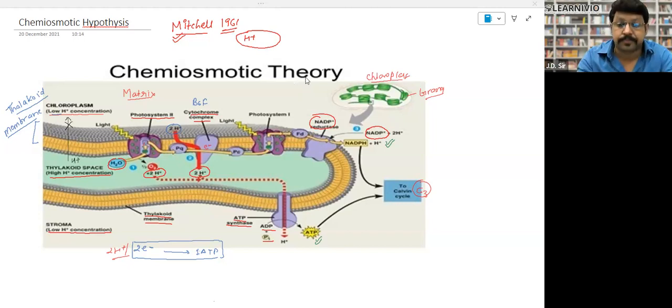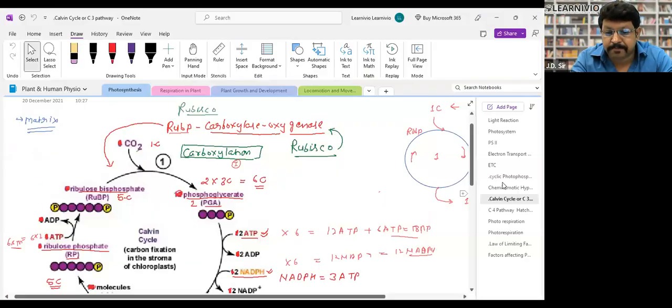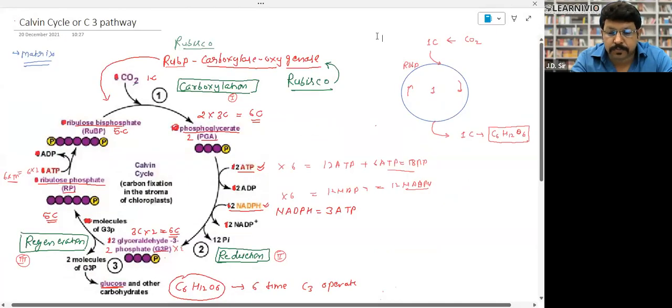Clear? So this was the chemiosmotic theory, which is very important. Clear to everyone? Clear?